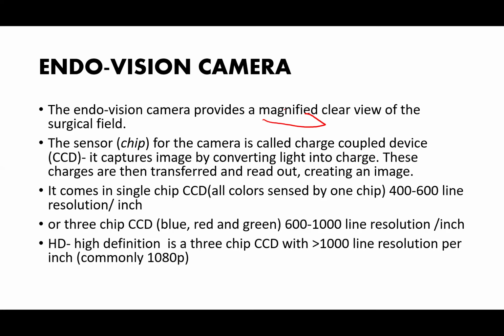This charge is then transferred to be read out, creating an image. So you should know that the resolution of your camera will depend on the CCD, that is the sensor or the chip. And this is very important because when you see a camera and you read what is written on it or on the guide or the manual, you know exactly what you are dealing with.